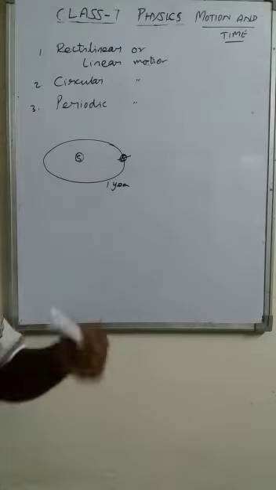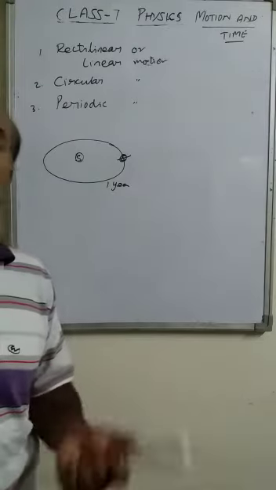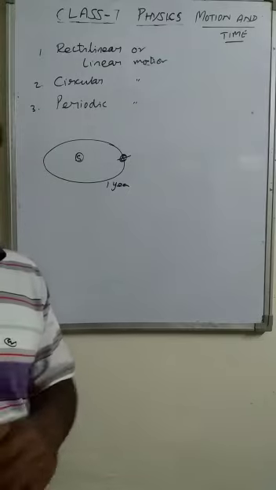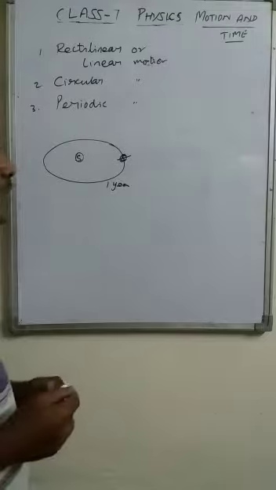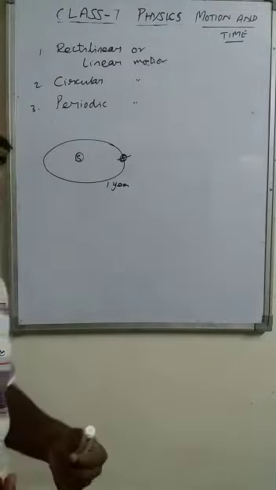Similarly, the moon also revolves around the earth. It also occurs periodically, so that is periodic motion. One more example we can give is a device that we will study at the end of this chapter.